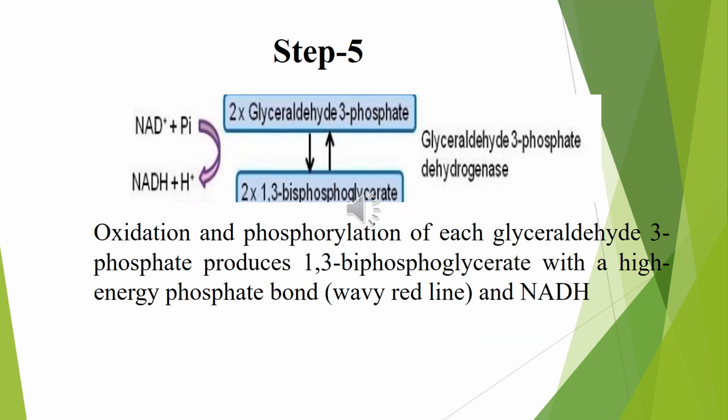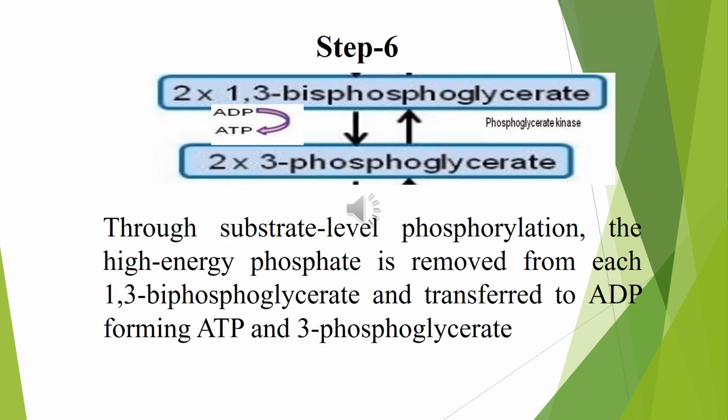In this step, 3-phosphoglyceraldehyde is converted into 1,3-diphosphoglyceric acid by the addition of one phosphoric acid. This oxidative reaction is catalyzed by the enzyme phosphoglyceraldehyde dehydrogenase. In the next reaction, 1,3-diphosphoglyceric acid reacts with ADP and loses a phosphate group, forming 3-phosphoglyceric acid.